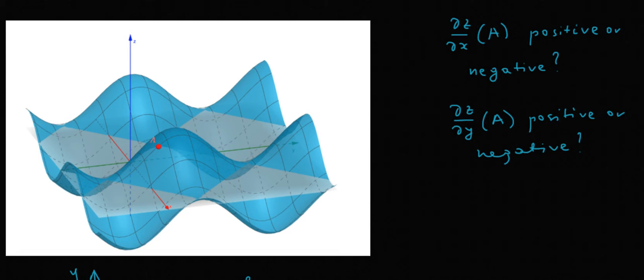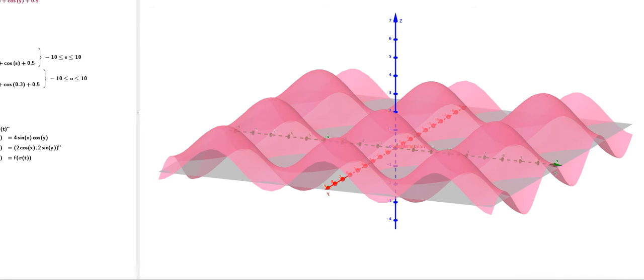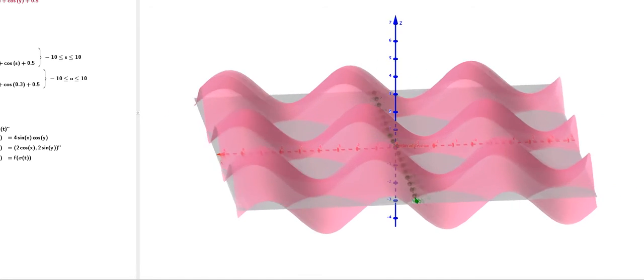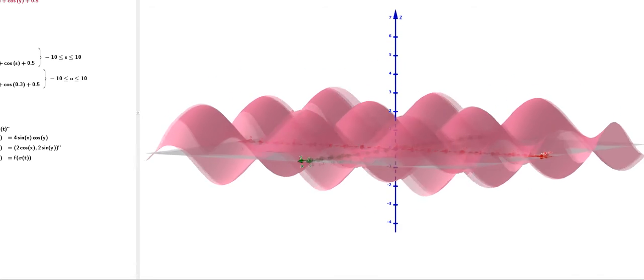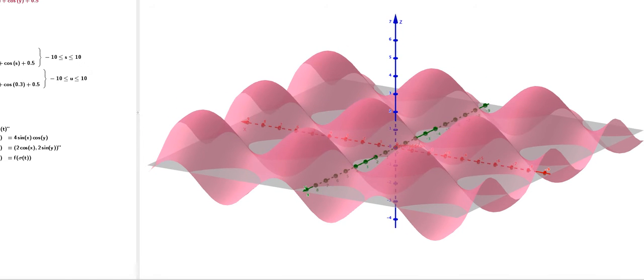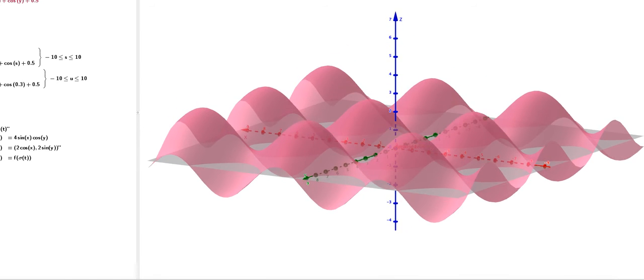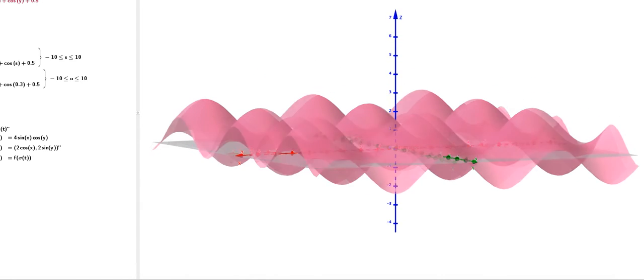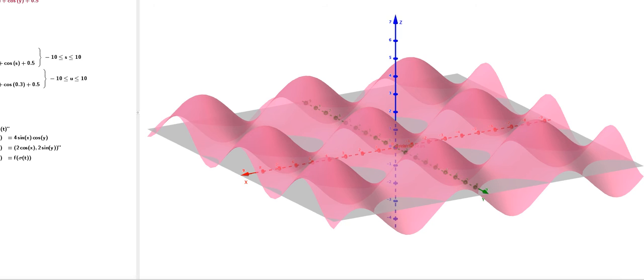Let's take a look at the various cross sections of this graph to get a better sense of how they look. Here's the surface shown in pink, located in the three-dimensional xyz space. The x-axis is in red, the y-axis is in green, the z-axis is in blue.